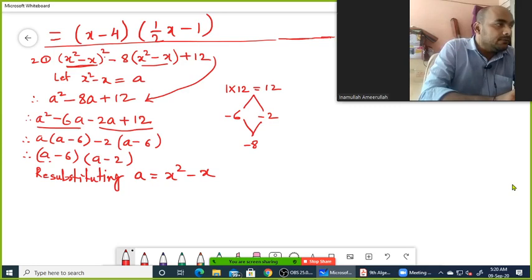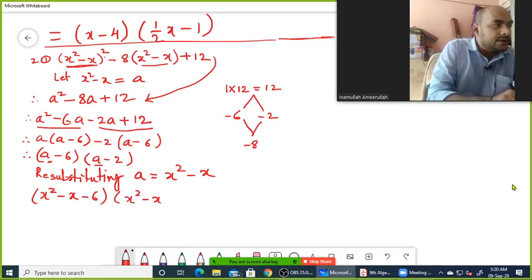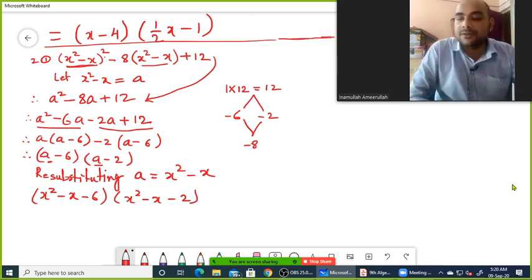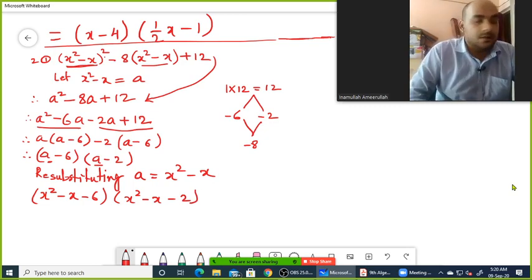a as x square minus x. So here we have a. Instead of this a, we can take x square minus x minus 6. And from here we have one more a, so there we can take x square minus x minus 2, like this. So these are the two required factors, but we need to verify whether these two can be factorized further or not, because both the factors are again quadratic factors.